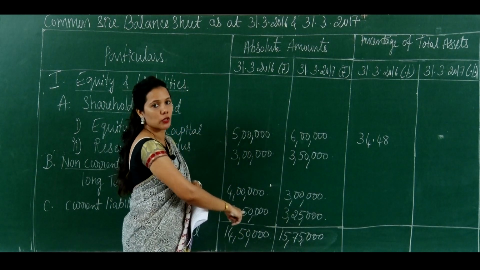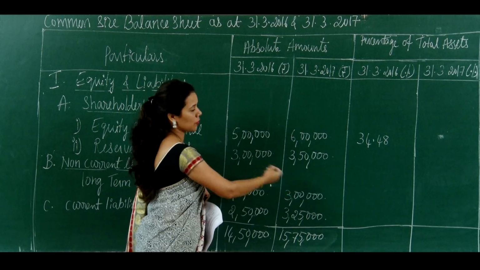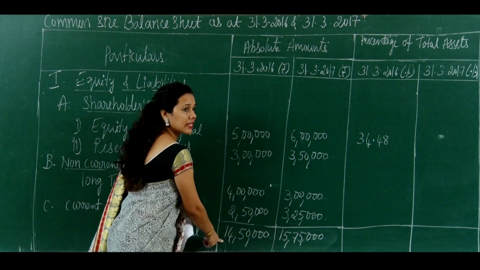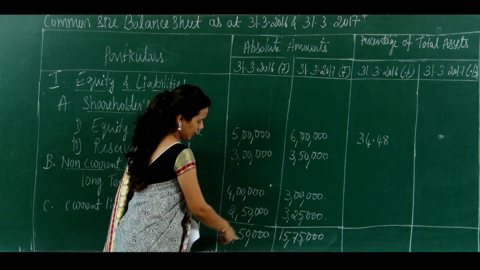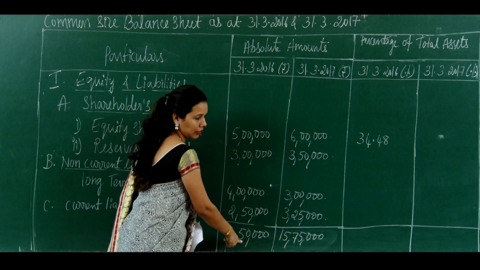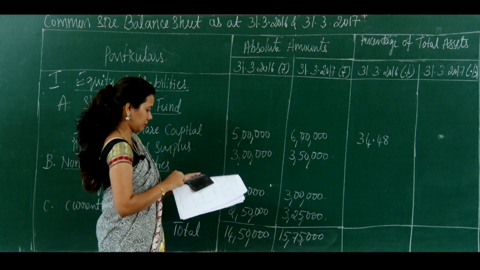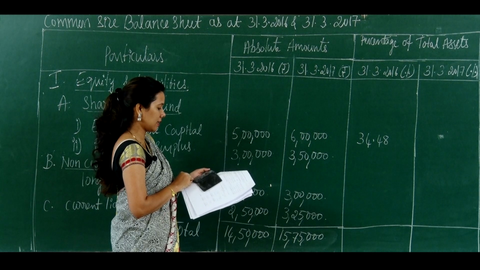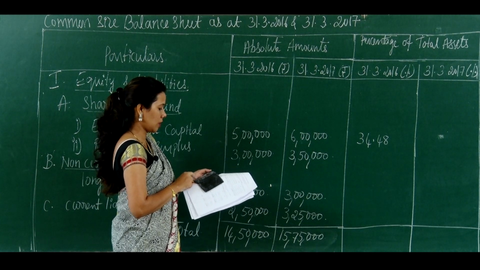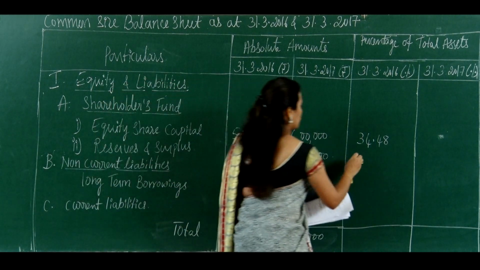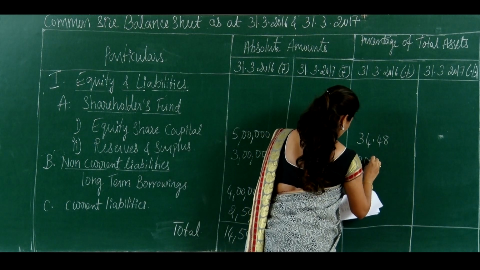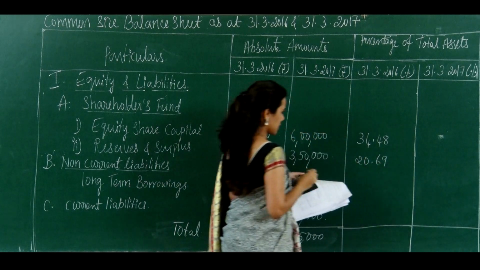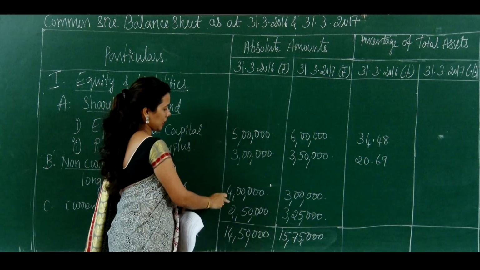First we will complete the 2016 column, then we will do 2017. Next amount is 3 lakhs. Again the base is the same. 3 lakhs divided by 14 lakhs 50,000 into 100 is 20.69. The next one is 4 lakhs.